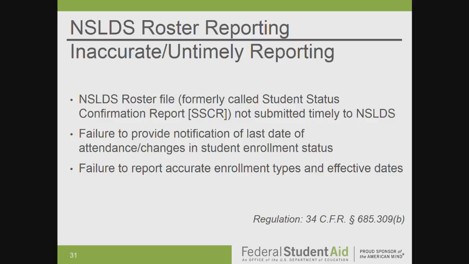Now, for timeliness, what are we looking at as a reviewer? We're going to look at the length of time between the effective date, which is the date that the enrollment action took place, and the certified date, which is the date that the school certified the enrollment action. That length of time should be no more than 60 days. We'll also look at, does the student's LDA conflict with either the attendance records or the transcripts? Are changes in enrollment status updated?